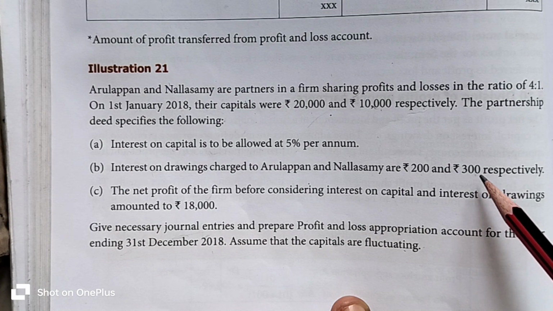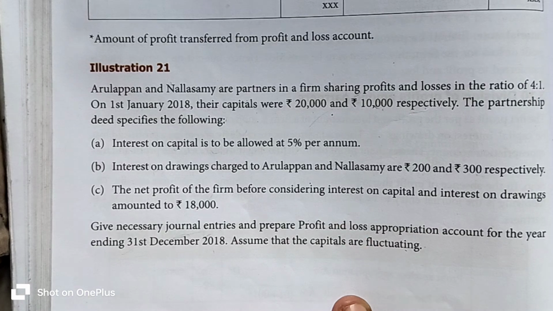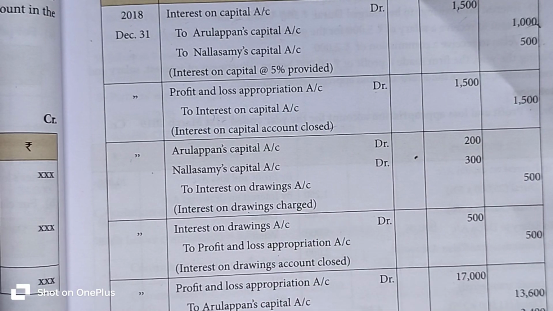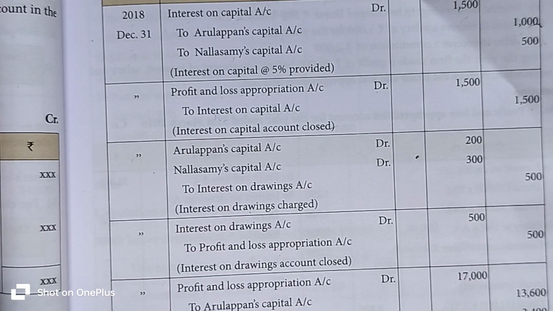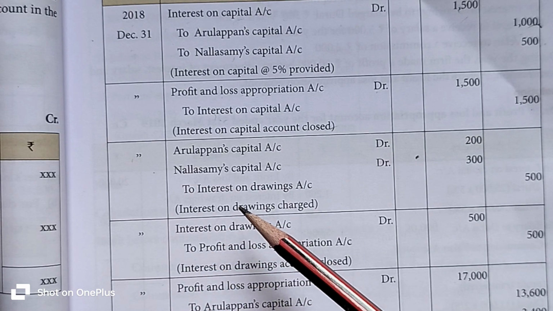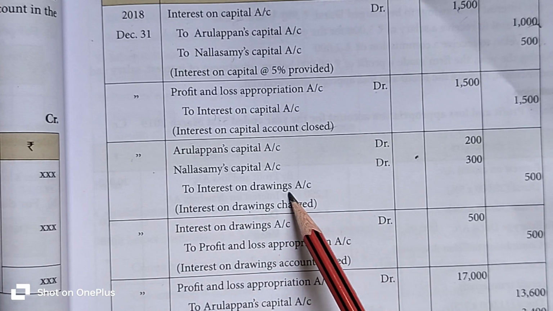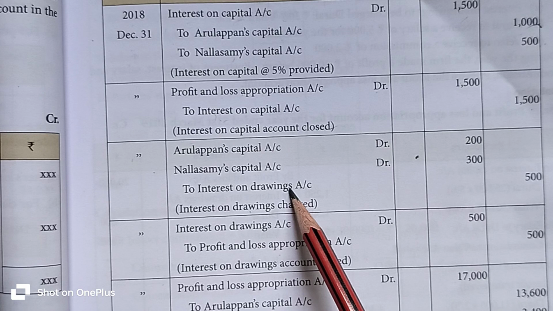We have to pass the journal entry for interest on drawings. Listen here carefully. They have taken drawings from the business, so for that they have to pay interest on the drawings taken. From the business point of view, interest on drawings is an income, so it is to be credited.